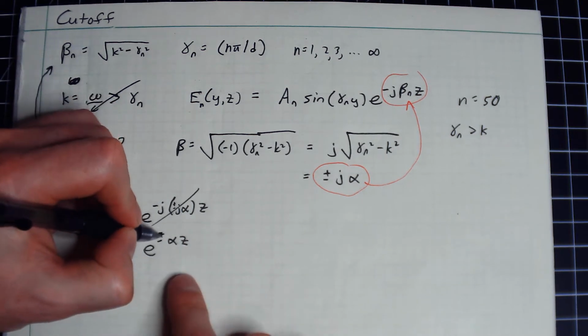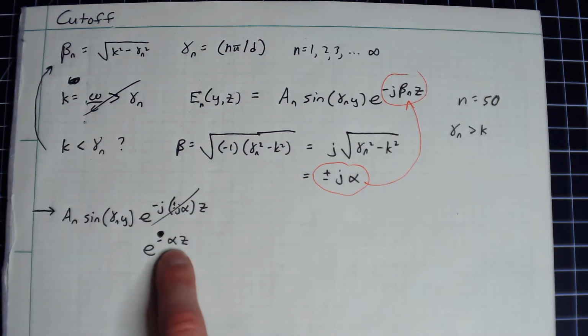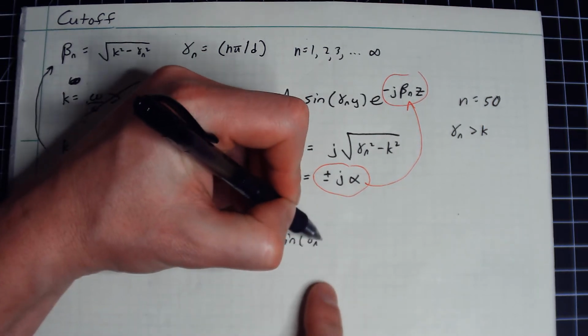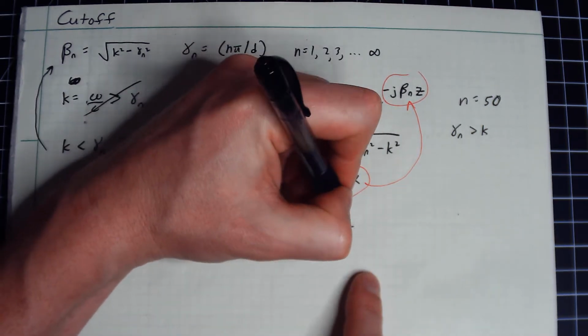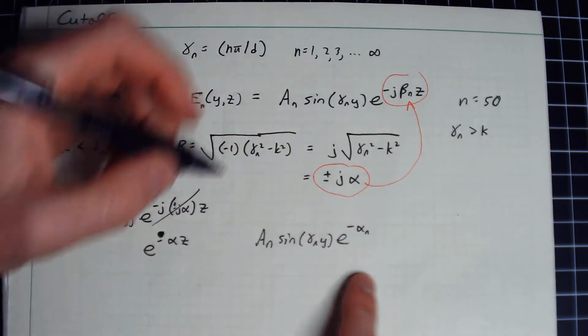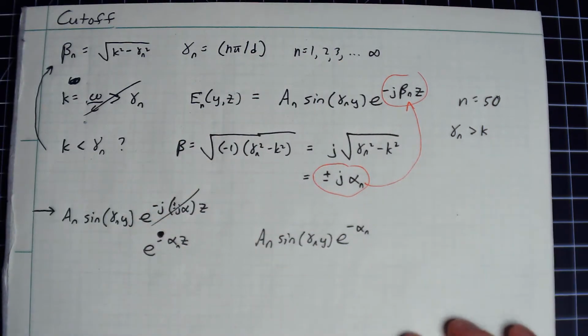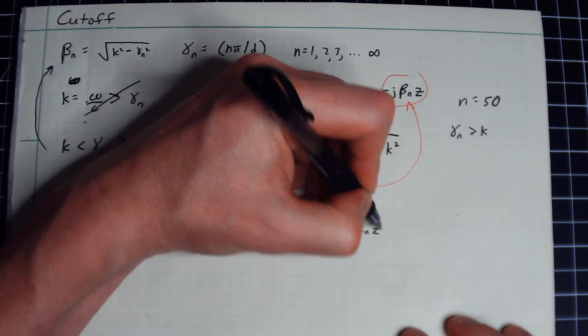So we're going to throw away the positive term here and keep the negative as a viable solution. So what you essentially get is a sub n sine of gamma sub n y e to the minus alpha sub n. I guess I should put a little subscript n here to correspond to the nth gamma here, times z.